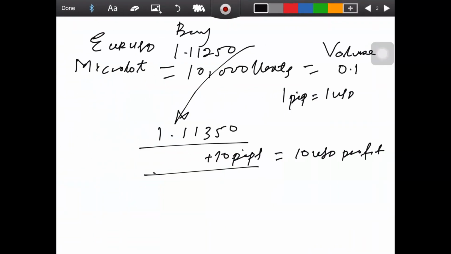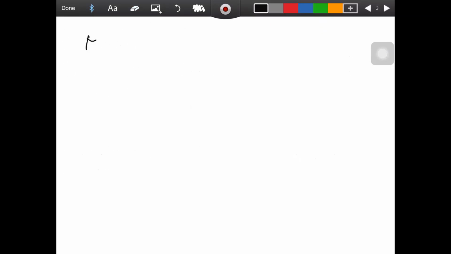So please, correction, this is your mini lot. This is your mini lot, okay? And then the next one is the micro lot. So exactly the same calculations, only that your micro lot is equal to 1,000 units, and on the MetaTrader 4, the volume is the same thing as lot size.